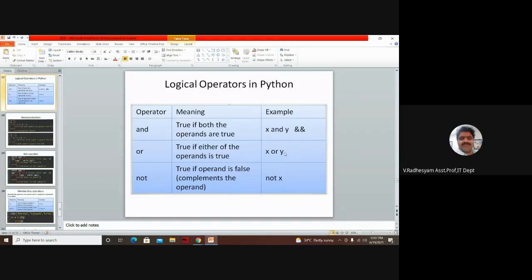In the case of C programming, this is OR. What about not? Does not exist in C programming? Yes, sir. Tilde symbol, tilde, negation. Okay. But here, because Python is user friendly, we write literally and, or, not. But these are similar to C programming.